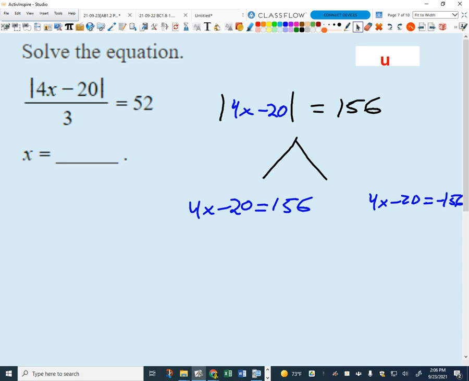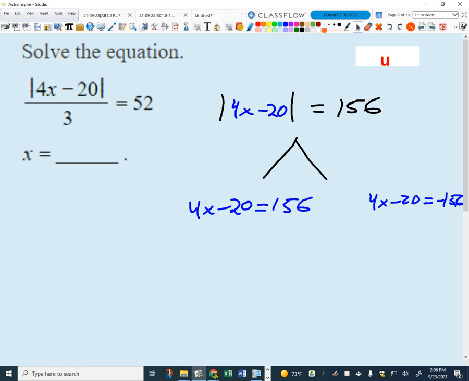This is the step where we trade the absolute value equation for 2 non-absolute value equations. Remember what the pattern is. Whatever's inside the absolute value bars, we set equal to the number or its opposite. And then we just solve both of those to get the 2 values of x. Make sense? No big deal.